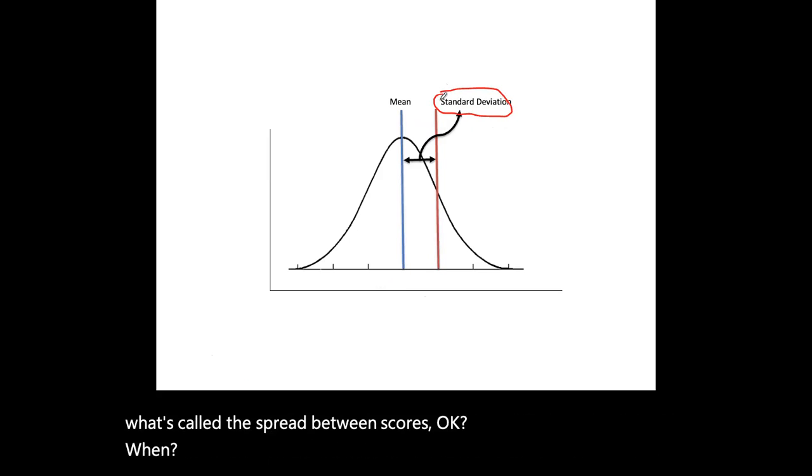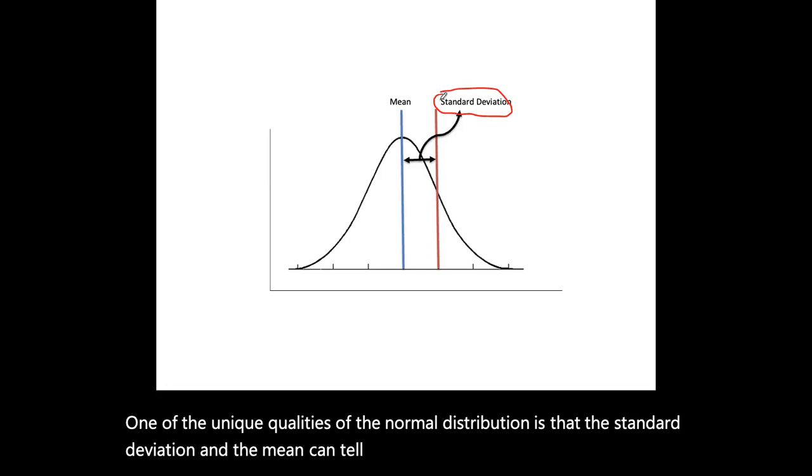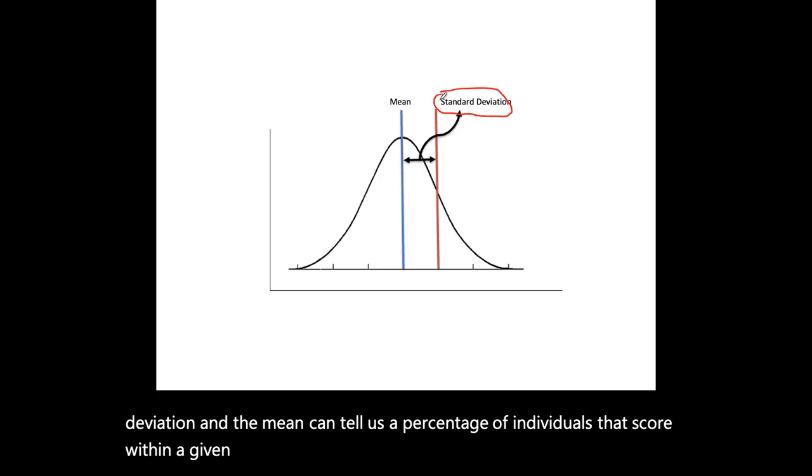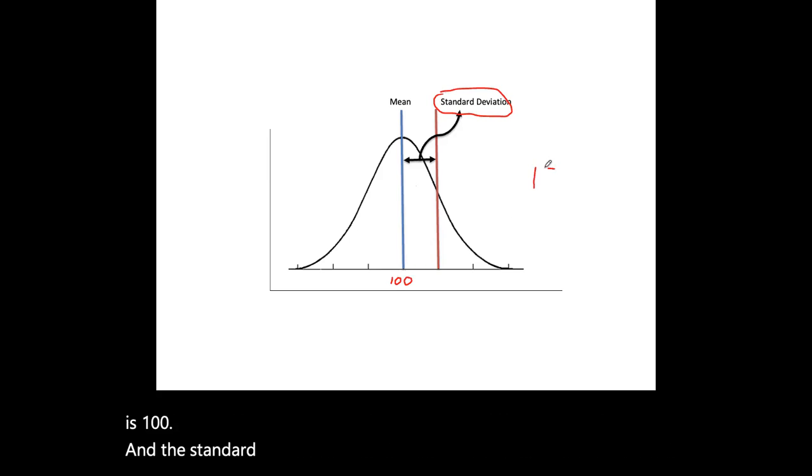One of the unique qualities of the normal distribution is that the standard deviation and the mean can tell us a percentage of individuals that score within a given range. So again, we go to our IQ example. The average is 100 and the standard deviation is 15.